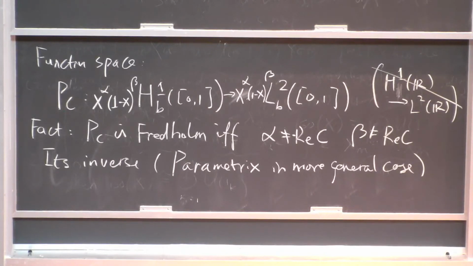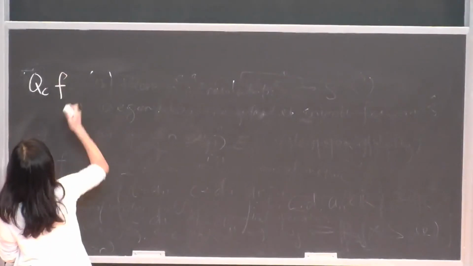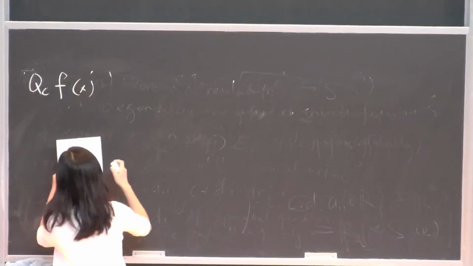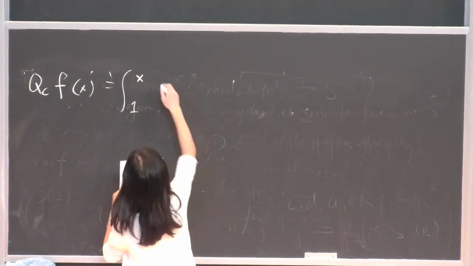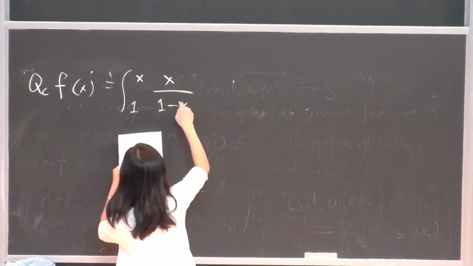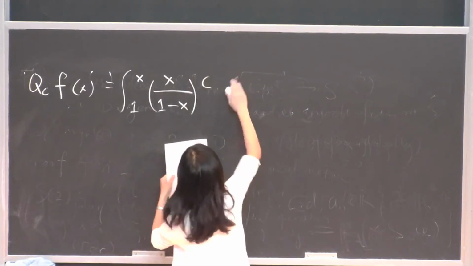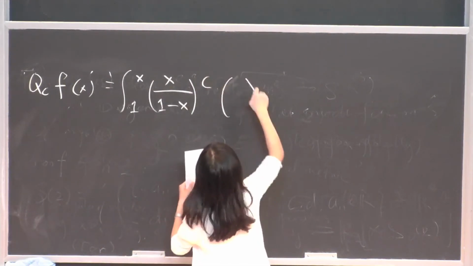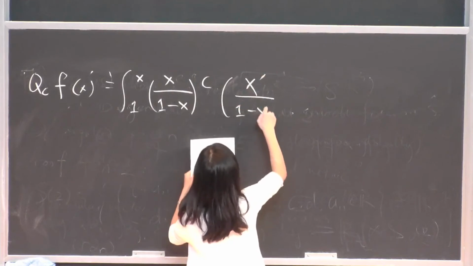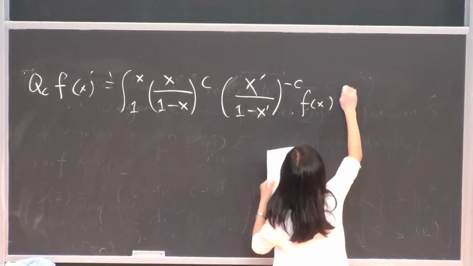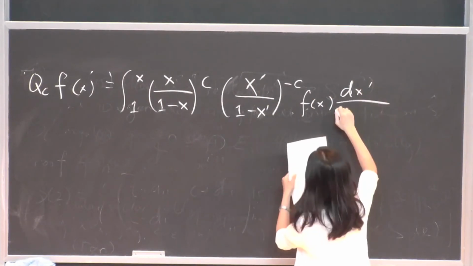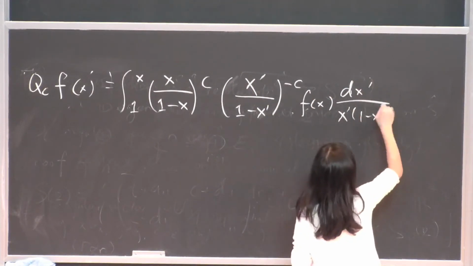So in particular, we have the following: Q_C acting on f gives you a function, given by the integral from 1 to x of (x over 1 minus x) to the c times (x prime over 1 minus x prime) to the minus c, f(x prime), dx prime over x prime (1 minus x prime).